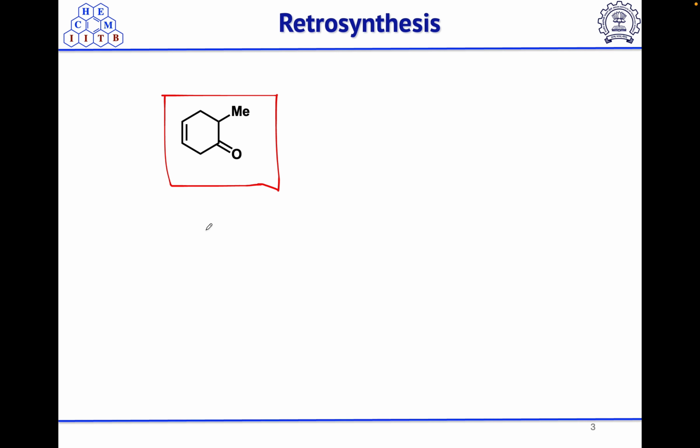As it is a six-membered ring, the first thing that will come to your mind is that a six-membered ring could be made via a 4+2 cycloaddition reaction, or Diels-Alder reaction. So can we make this molecule via a Diels-Alder reaction? Just think in your mind, can we or not?